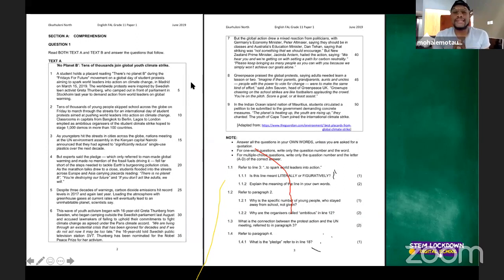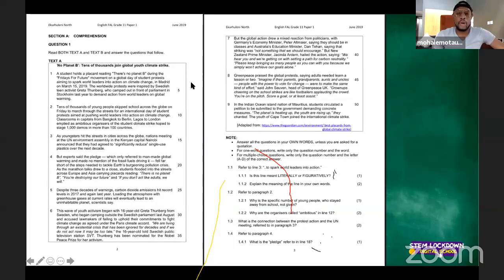So the answer is obviously figuratively, because what they are trying to make us understand is that these young people are trying to speak to world leaders, to people in power, to take note of the crisis that we have about our global issues.